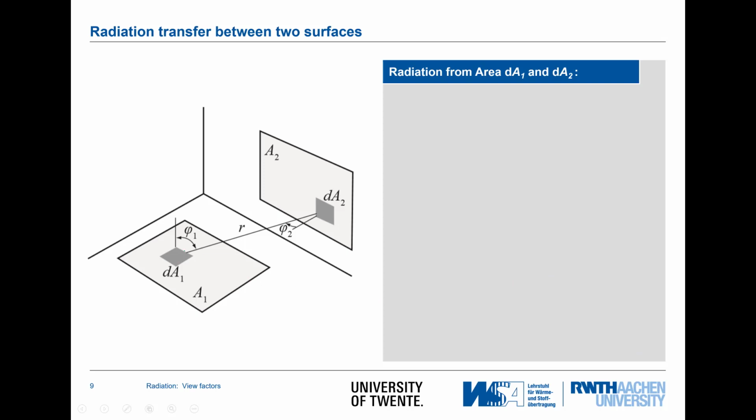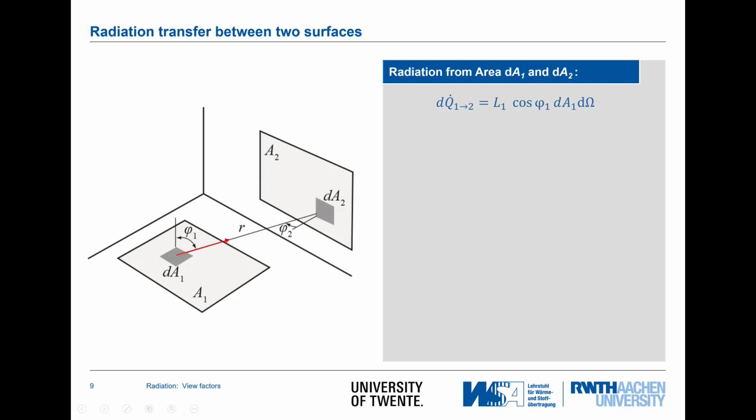We start with the increment dA1 and want to understand how much radiation is going to hit the little increment dA2. So dA1 is radiating everywhere, but we're just interested in this direction R. So how much goes there? So this is dq dot from 1 to 2. That's L1 cosine phi dA1 d omega, the infinitesimal solid angle.